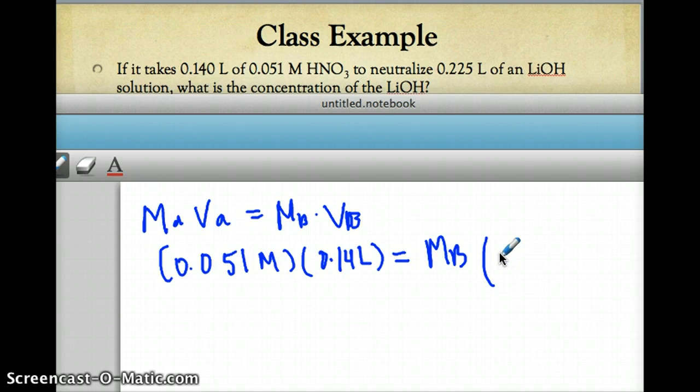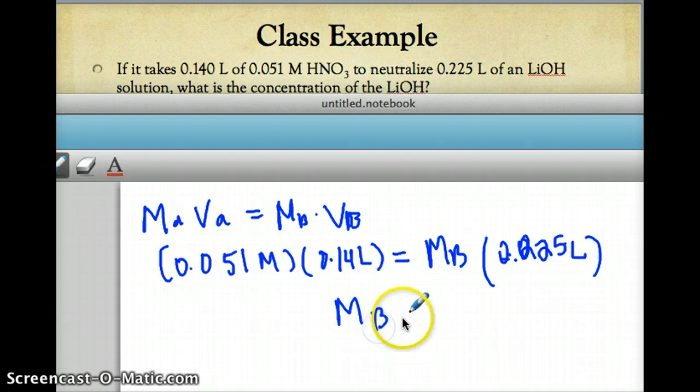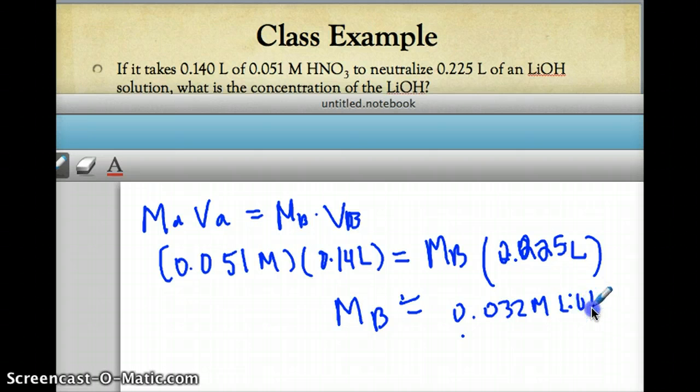And then you multiply that by the volume of the base, which is 0.225. And you're going to solve for MB. And MB is going to equal 0.032 capital M, because that's the concentration of the base, which is lithium hydroxide.